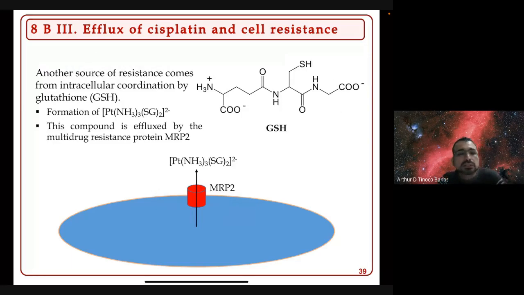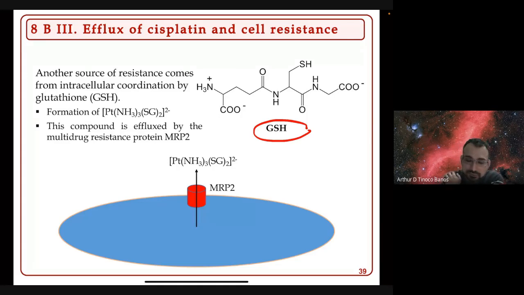I also discussed that within the cellular environment, the platinum center can interact with the tripeptide glutathione, an important small molecule peptide that helps to regulate redox activity within the cellular environment. It is present at very high concentrations, we're talking about millimolar concentrations.